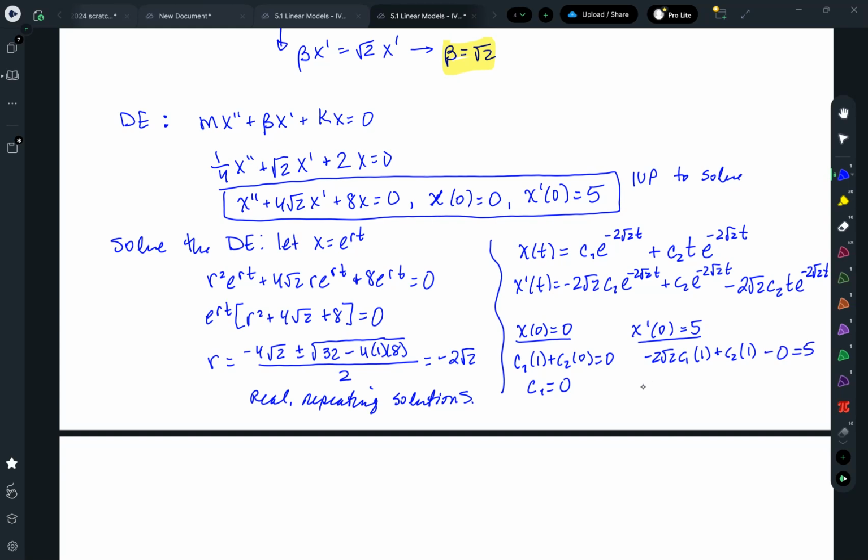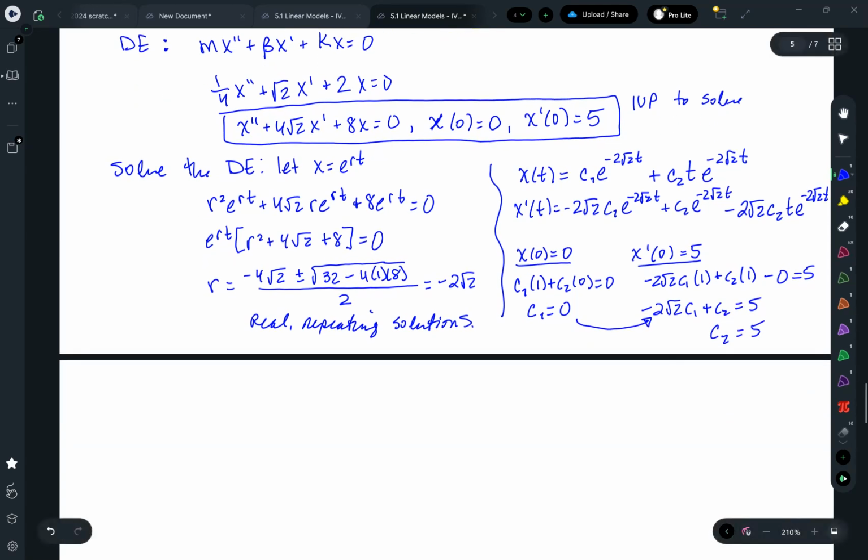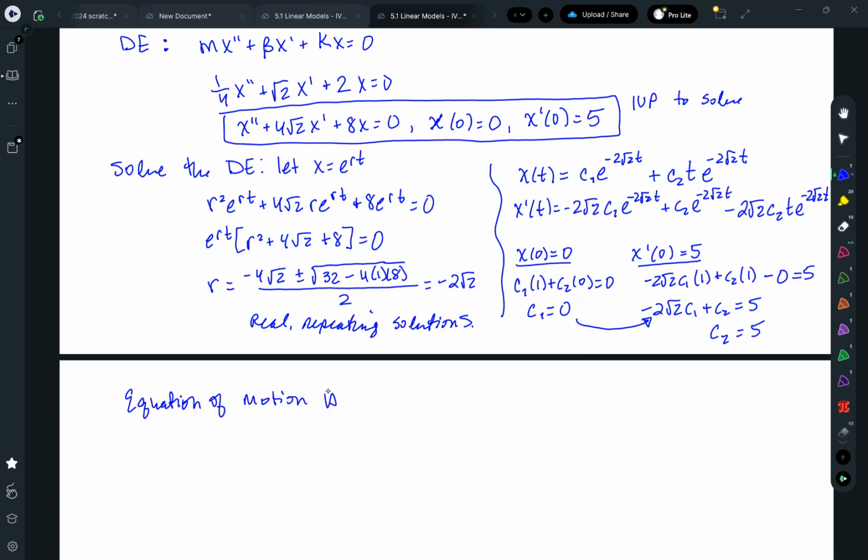And so this tells me minus 2 square root 2 c1 plus c2 is 5, but c1 was 0, so c2 is 5. Okay, so finally, the equation of motion is x of t equals 5t e to the minus 2 square root 2 t.